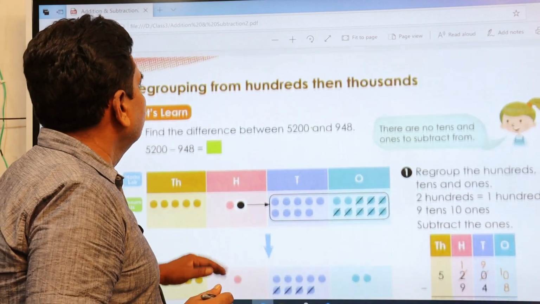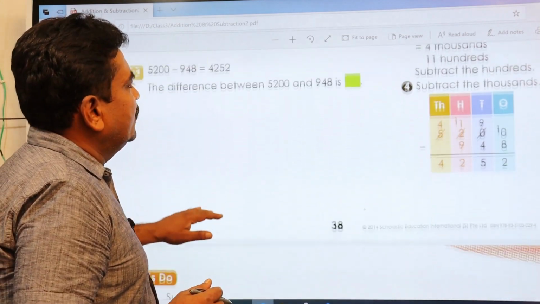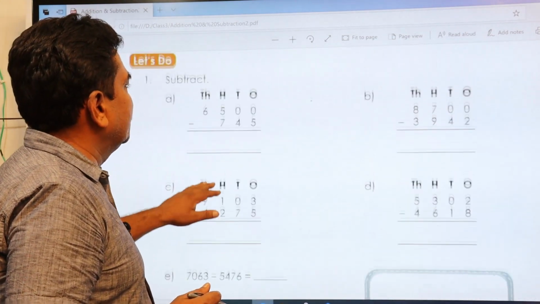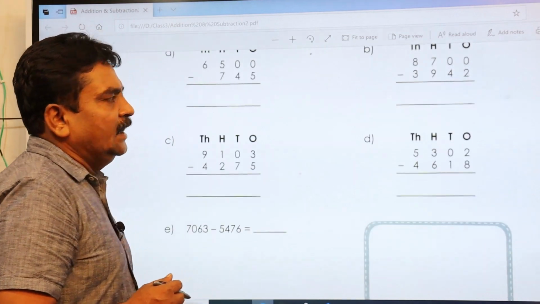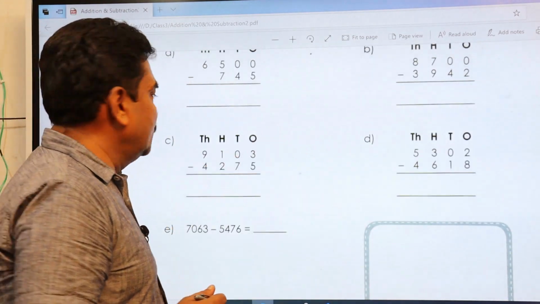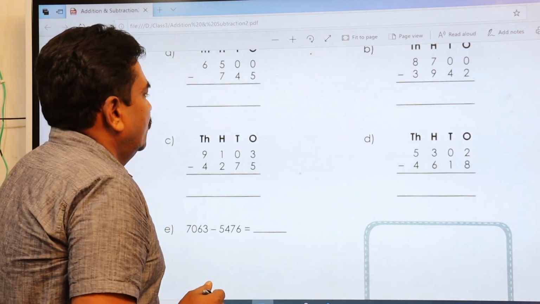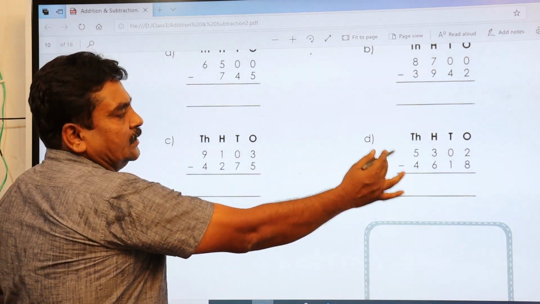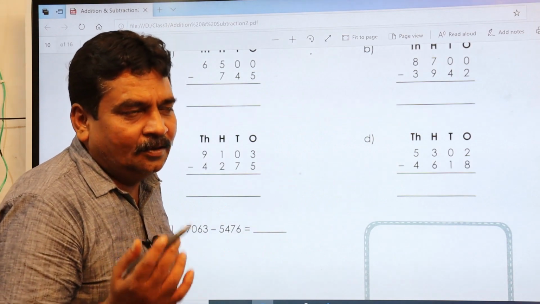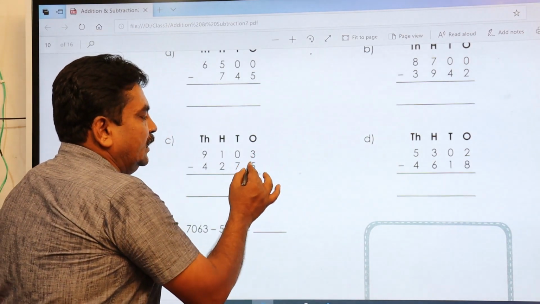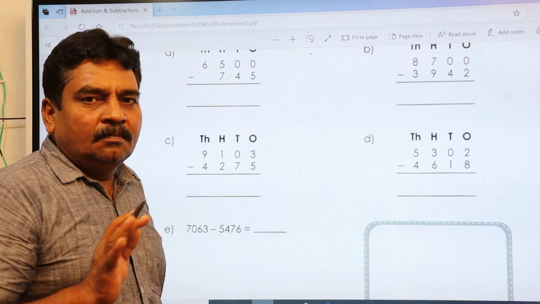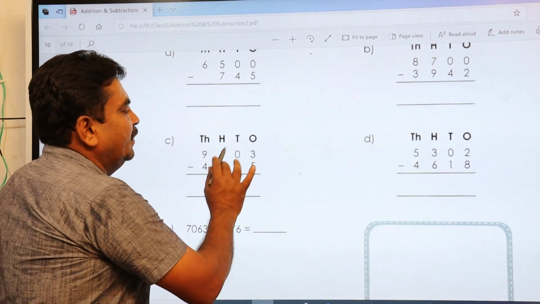Similarly you do that. Then coming to hundreds and thousands, let us regroup this. I'll do at least 1, 2 or 3. Let's start. I'll do this and I'll do this. Remaining you do by yourself. 3 minus 5, it is not possible. So you carry one number.